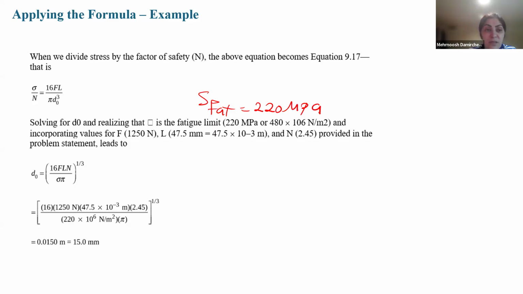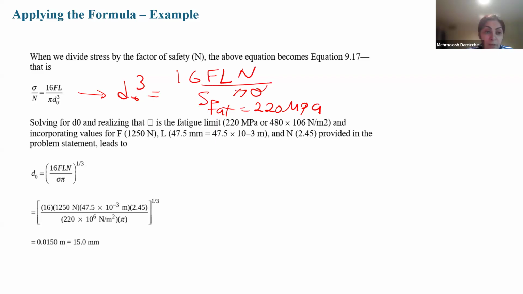From this equation, d naught cubed is 32 FLN per pi sigma. If we are looking for the diameter d naught, it should be this to the power of 1 per 3, or the cubic root. Okay, substitute 32 instead of 16. F is the F max that we had.